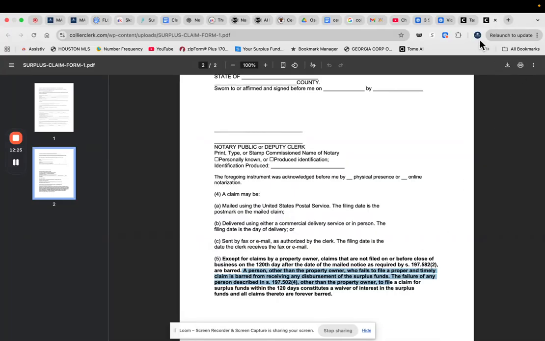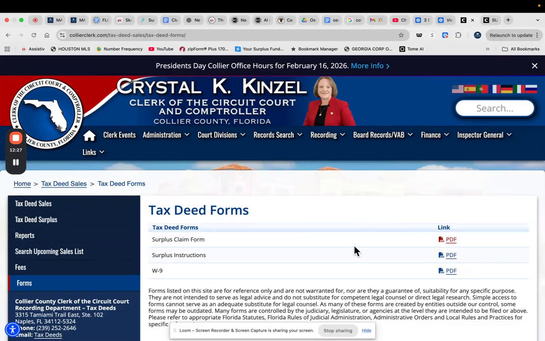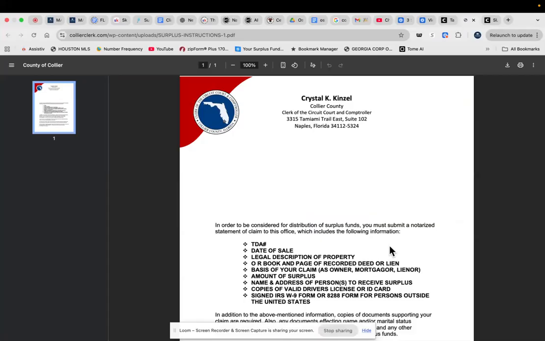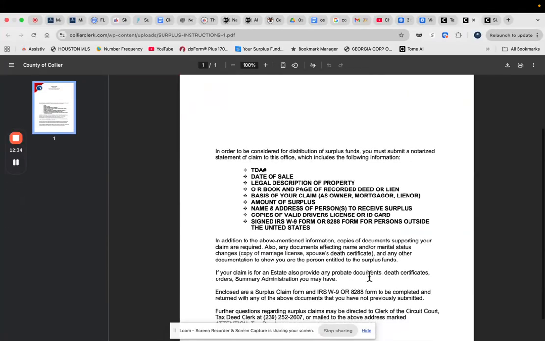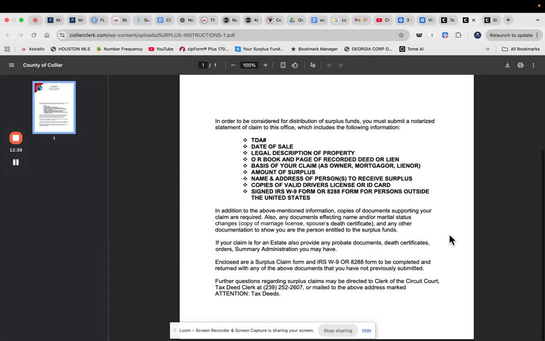Just out of curiosity, you guys, I'm going to go over here and look at the surplus instructions. In addition to the above, if your claim is an estate, also provide any probate. See, this is really good. This is giving you all the little intricate details.